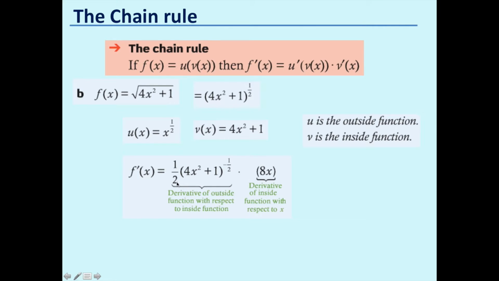So the derivative is going to be, first of all, differentiate this, so half x to the power negative half, but we know what our function in the middle is, it's 4x squared plus 1, so that goes there, it doesn't change, but we multiply it by the derivative of this, which is just 8x. That is going to give us 4x over 4x squared plus 1 to the power half, because in this context negative means 1 over, which you could rewrite as 4x over root 4x squared plus 1.